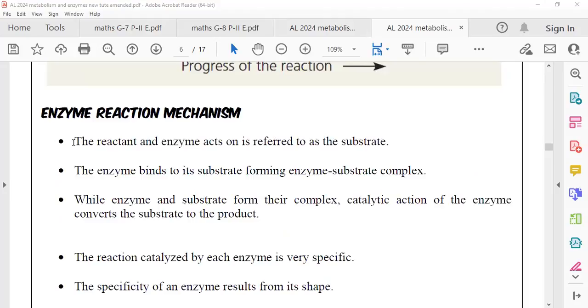The first thing they say: the reactant that the enzyme acts on is referred to as, what is it? Substrate. Substrate.